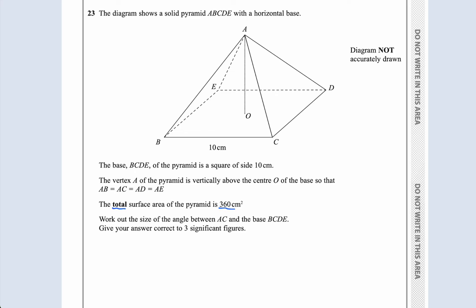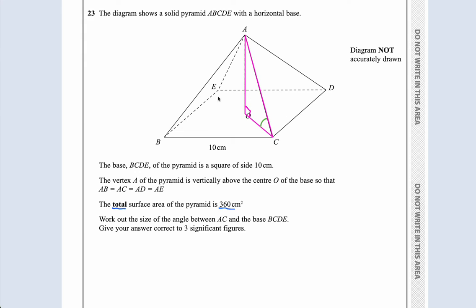So the first thing I'm going to do is just show you what they're looking for. Obviously, guys, this isn't an easy question. It's question number 23. It's 3D trigonometry. It's not easy, but it's not like one of those impossible questions. So what he's looking for is this angle here. This is the angle he wants. Now note, this is actually a right angle triangle because we're in 3D, even though obviously that doesn't look like a right angle triangle.